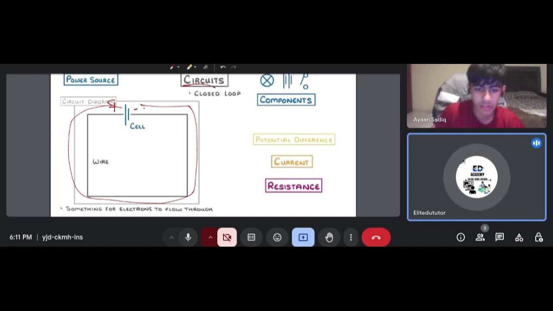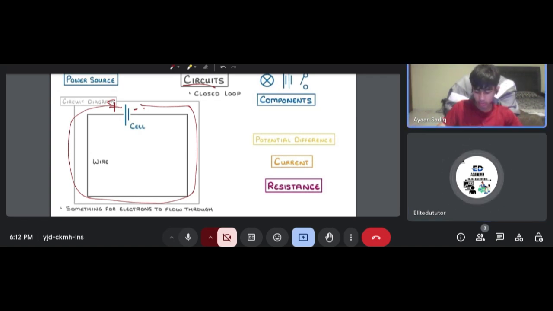Okay, one thing. You have to mention the heading conventional current. Put the heading conventional current. Do you know the spelling of conventional? Yes. Okay, very good. Done?